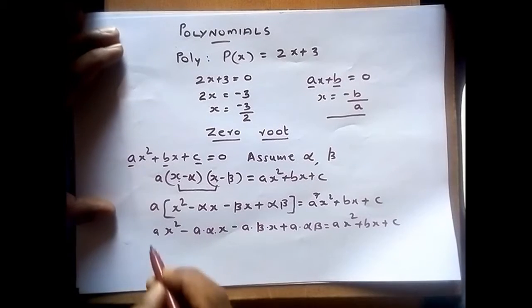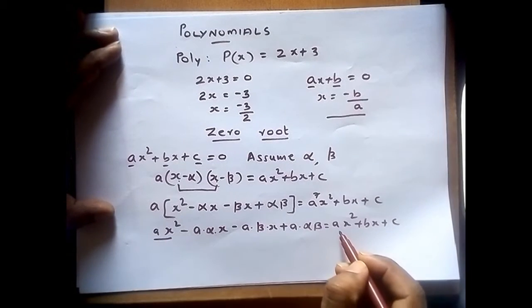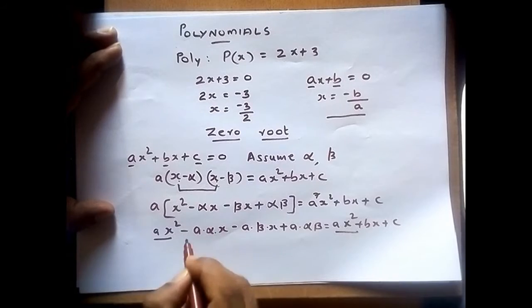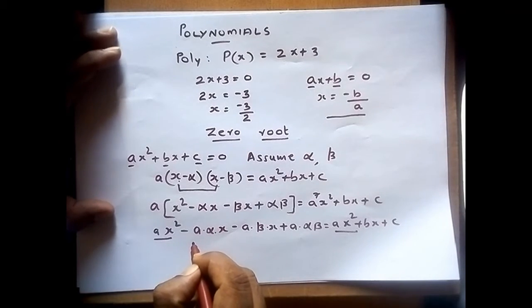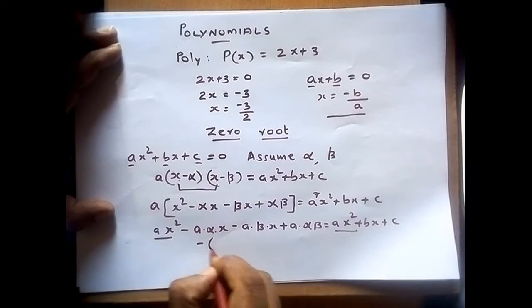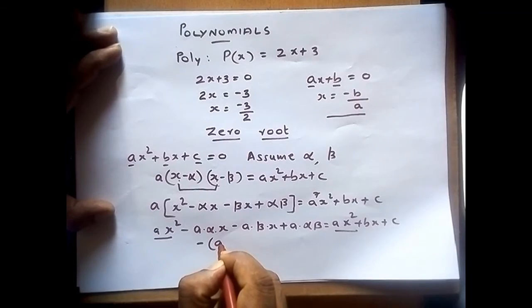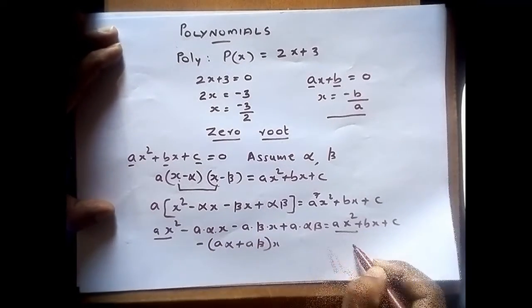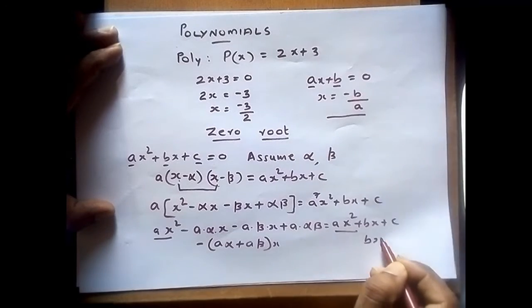Now we will equate the corresponding terms. ax square matches. What is the x term here? Here the x term is minus of a alpha plus a beta times x, equal to bx here.